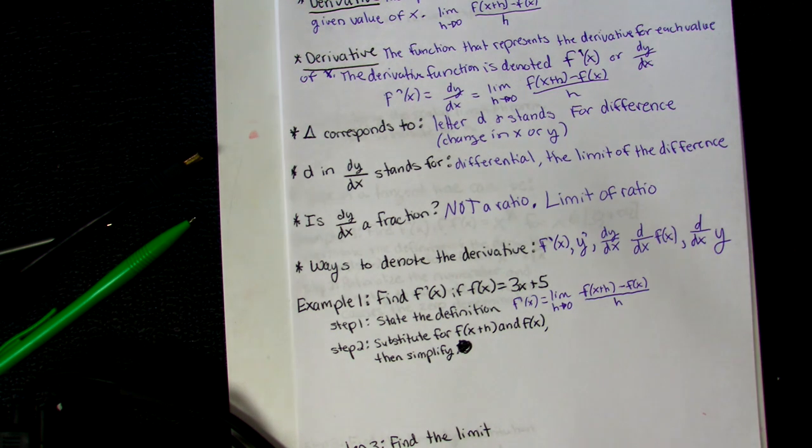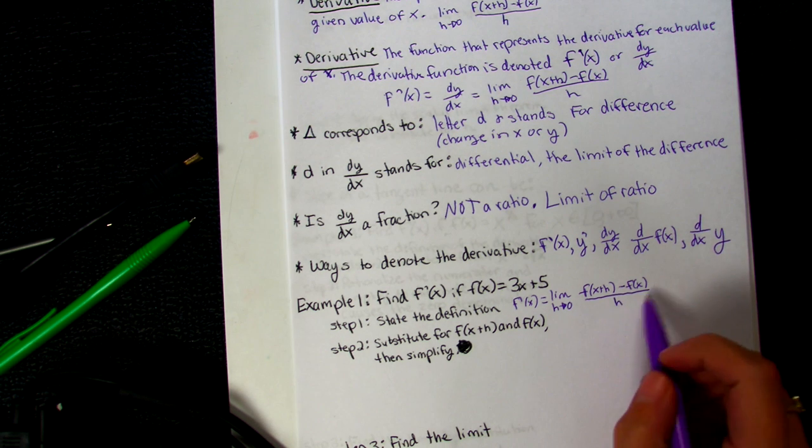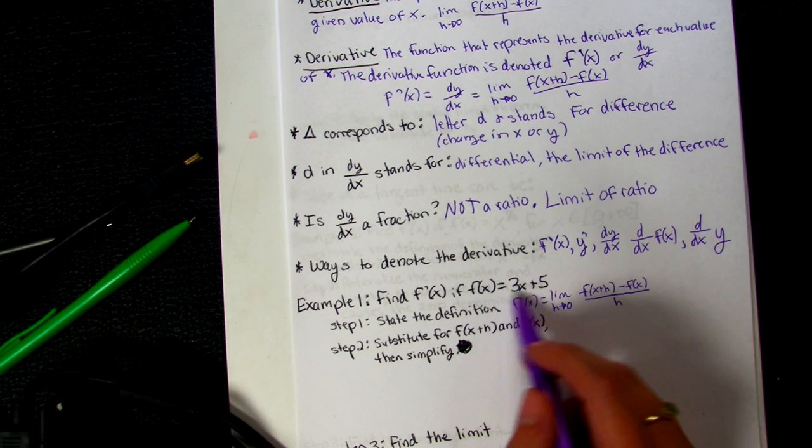Step 2, we're going to substitute for f of x plus h and f of x because we know what f of x is. f of x is 3x plus 5.